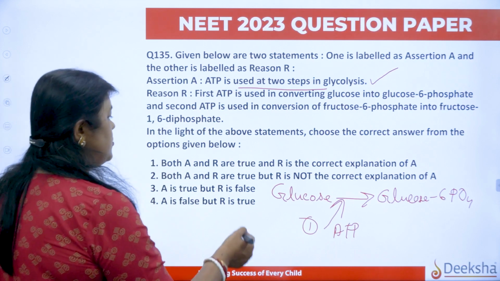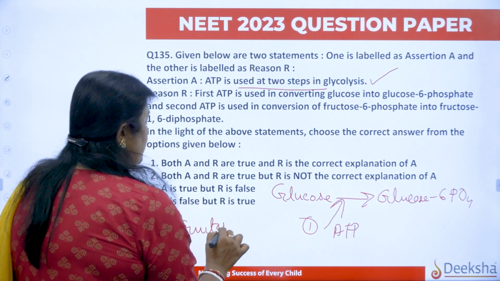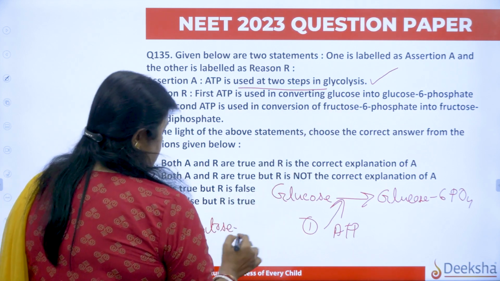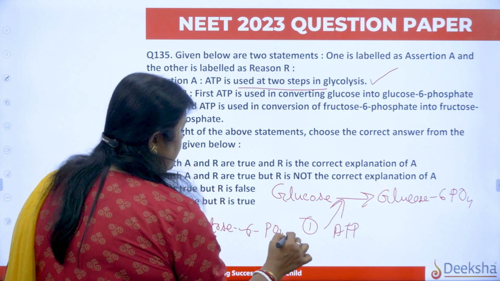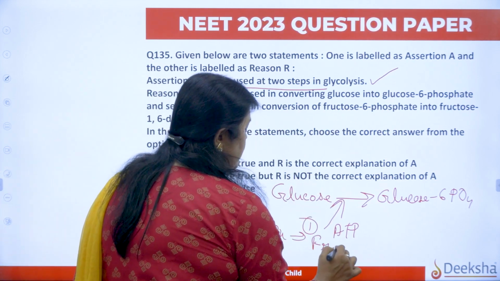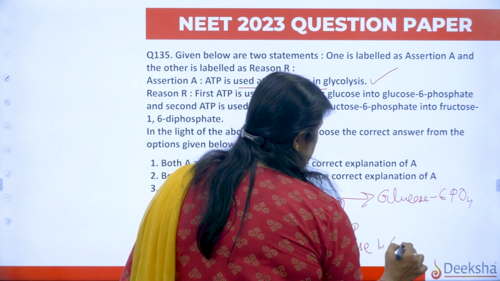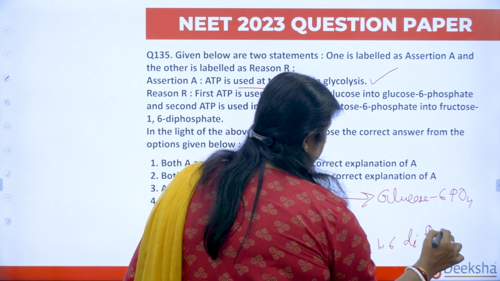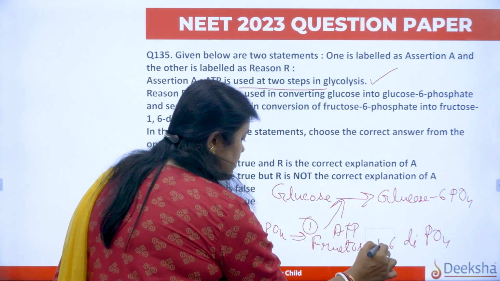Whereas the second ATP is used to convert fructose 6-phosphate to fructose 1,6-diphosphate. See here again one more thing, as you are using the word diphosphate, right?